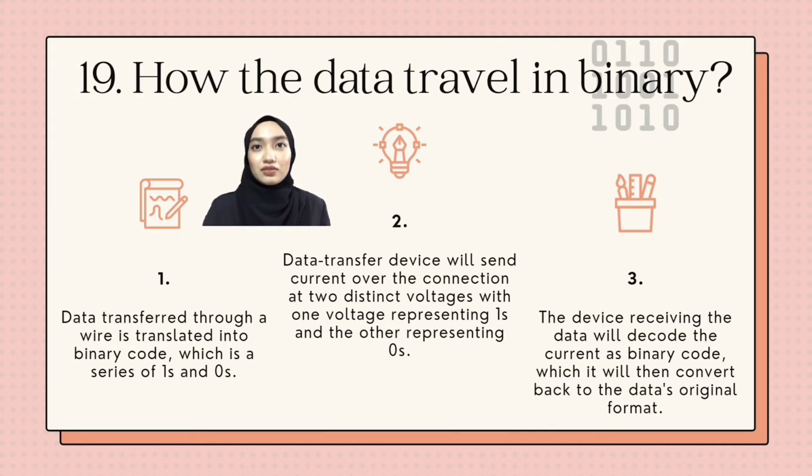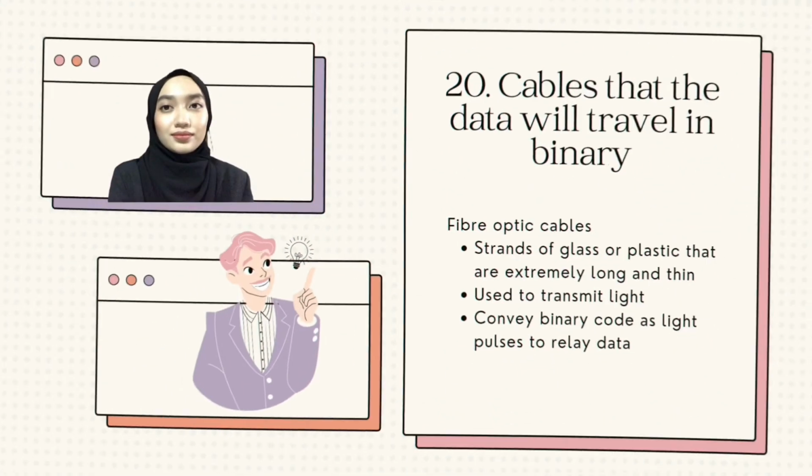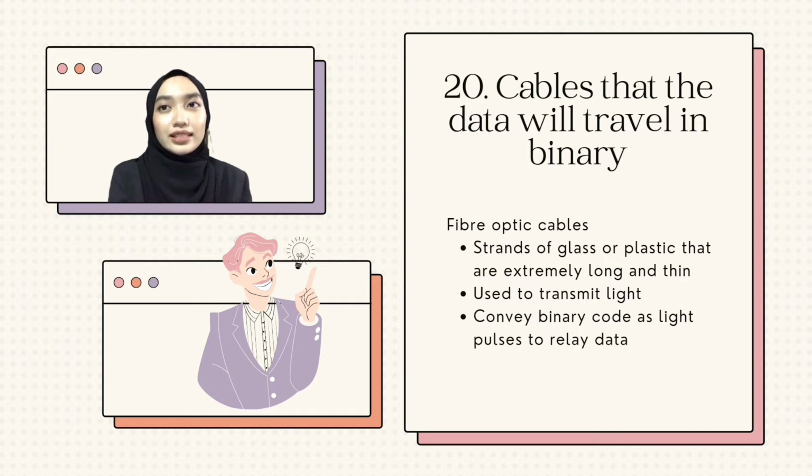The device receiving the data will decode the current as binary code, which it will then convert back to the data's original format. The internet standards regulate the amount of data that may be processed in a certain amount of time.